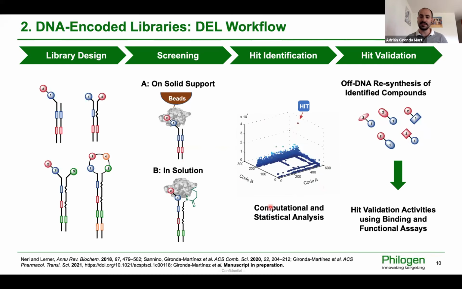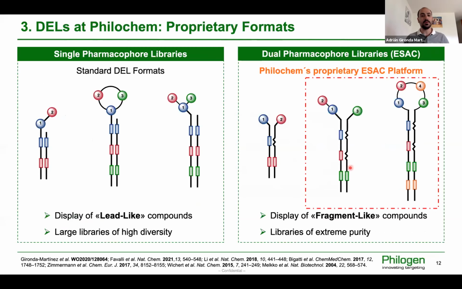After computational and statistical analysis, we're able to identify the most promising hits. Afterwards, we go for off-DNA resynthesis. We resynthesize all the possible hits without the DNA tag, and then we perform hit validation activities using different binding and functional assays.